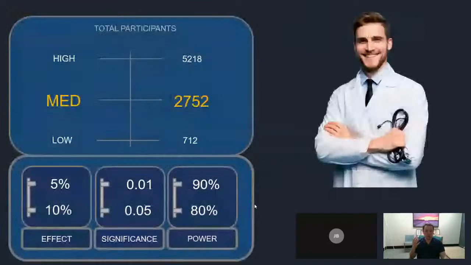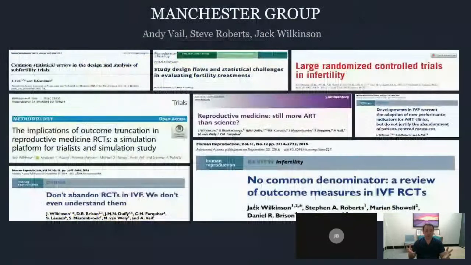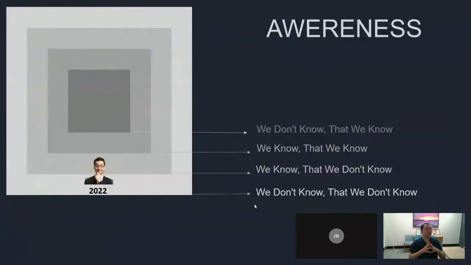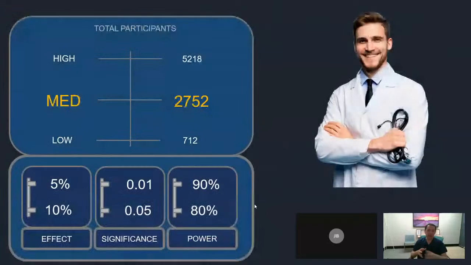Now, thanks to the work of the Manchester Group, mainly, and of course many more scientists, we're becoming aware that there is a massive problem. So awareness will lead us to the next step, where we will be very careful when designing and conducting research studies, and as clinicians when reading them. So that's actually a good thing.